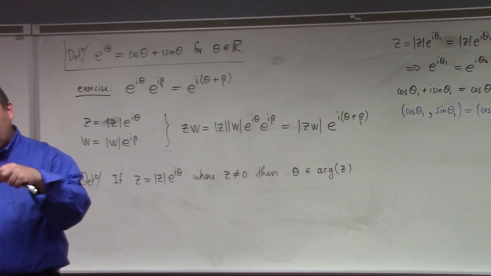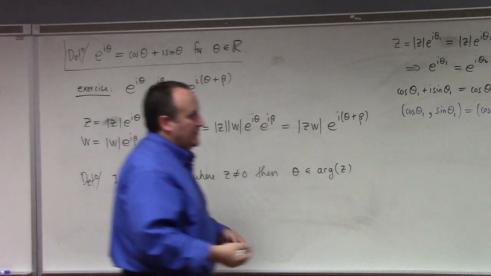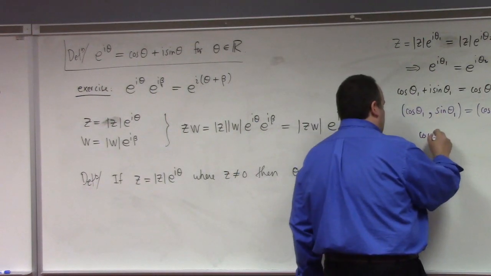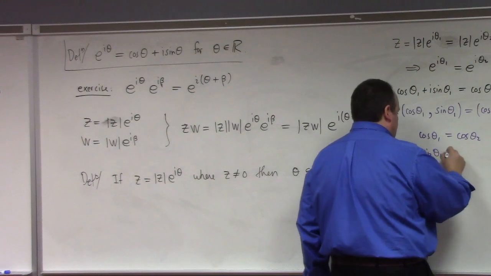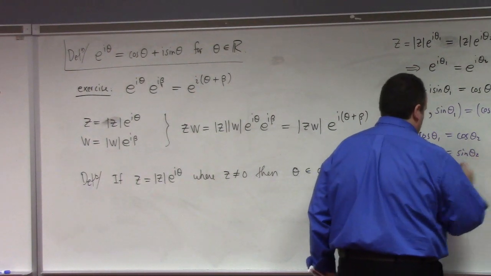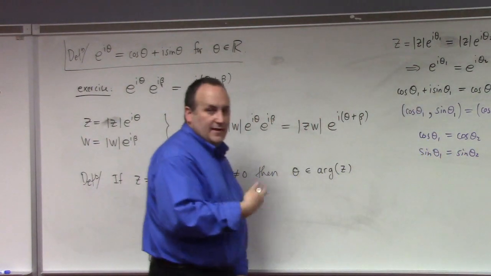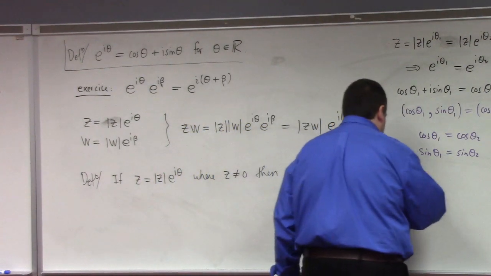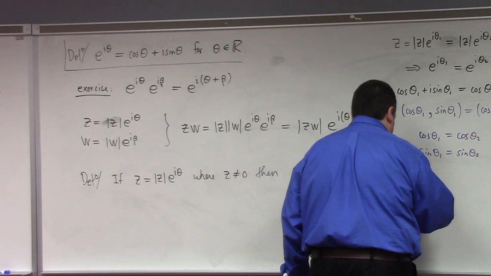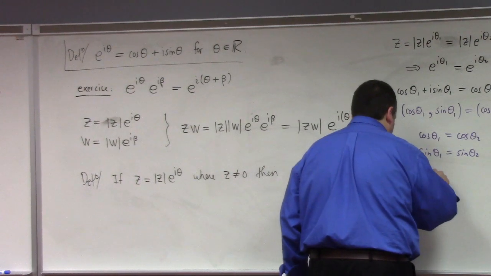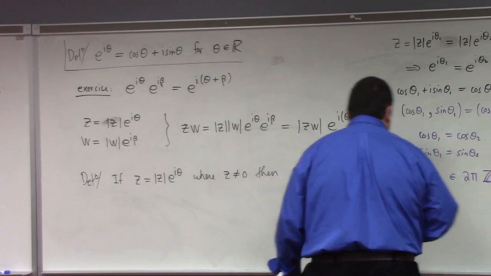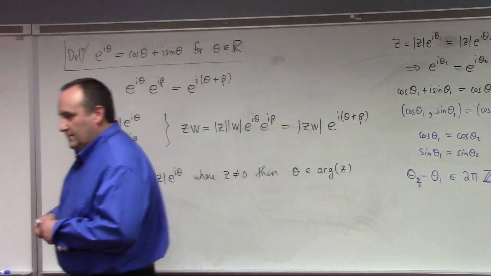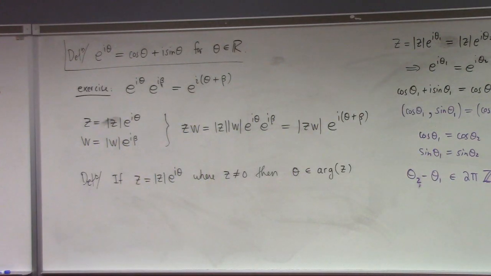So the first part has to match and the second part has to match, which gives us two separate equations: cosine theta 1 equals cosine theta 2, and sine theta 1 equals sine theta 2. And that says the difference of the thetas, theta 2 minus theta 1, has to be an element of 2 pi Z. In other words, theta 1 minus theta 2 is equal to 2 pi times an integer.